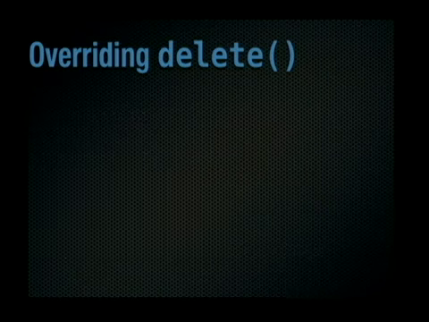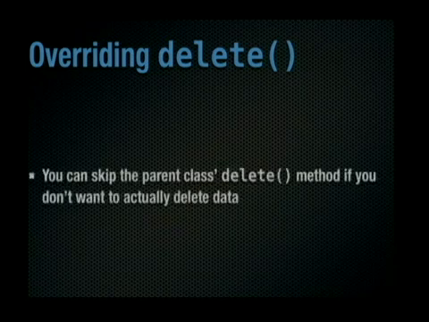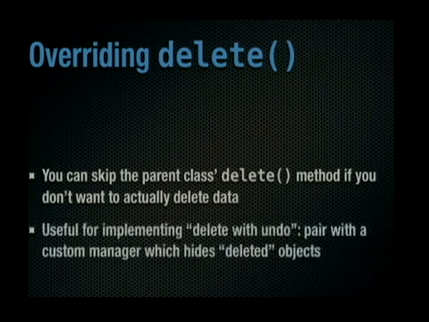Although overriding delete is a little trickier, you can actually skip calling the parent class delete if you want to, which means you will never actually delete anything from your database by calling delete. I think there's an article, it's 4 or 5 years old, so it's out of date, but this is why I mention it. There's a guy who wrote a whole system of a custom manager which knew how to hide objects that had a deleted field set to true, and then a custom delete method which wouldn't actually delete them from the database, it would just set that value to true.